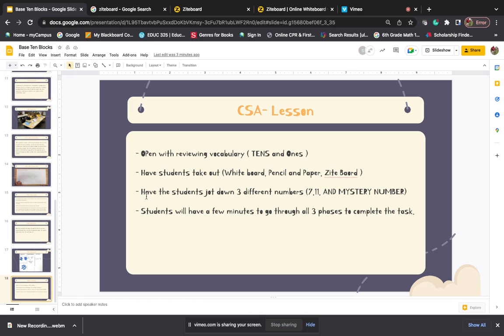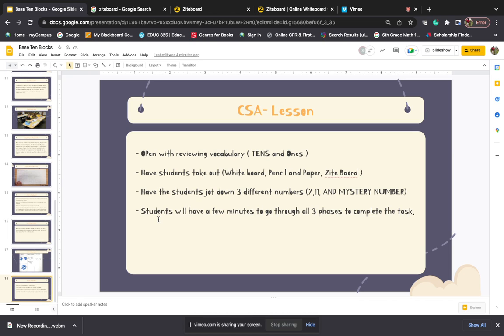Then the students will jot down three numbers. In this case, it'll be 7, 11, and then a challenging word or mystery number. It'll keep the students thinking of what could be the challenging number, because a lot of students want to be challenged, so we find a way to challenge them that helps them learn the numbers as well.